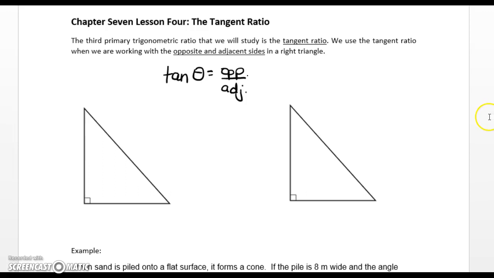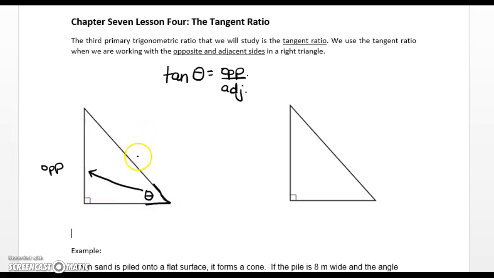So once again, this all depends on where the angle is. Let's look at our triangle here on the left, and let's say that angle theta is down here on the bottom. So we're talking about the opposite side, which is opposite to the angle. You could draw a line going straight across, and that is your opposite side. Then the adjacent side is one of the sides that's connected to your angle, but is not the hypotenuse.